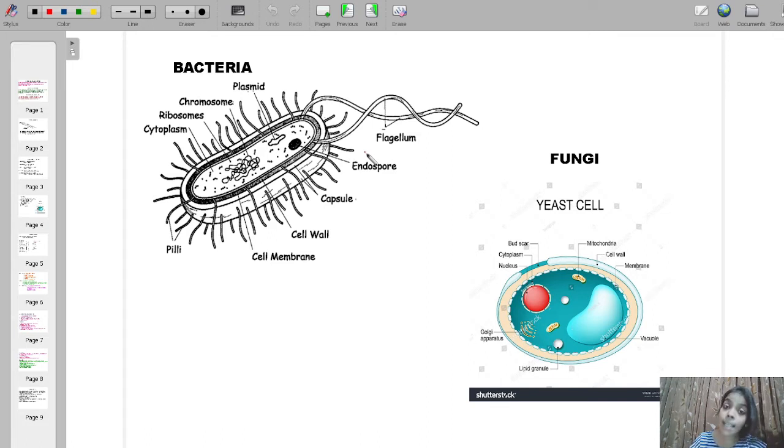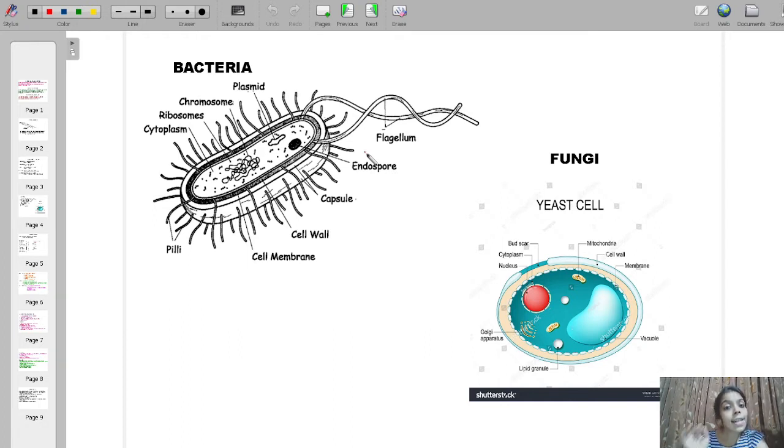For all these things to be there in a bacterial cell, formation of slime layer, and some other characteristics like certain bacterium can be resistant to antibiotics, certain bacterium will be able to fix nitrogen.